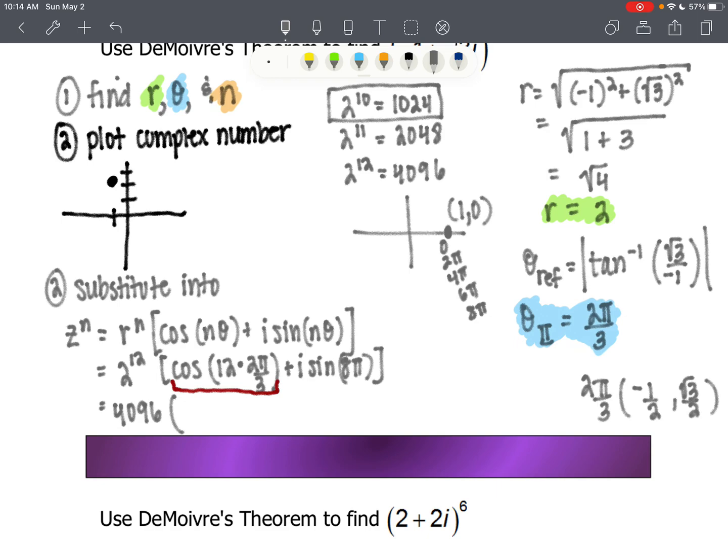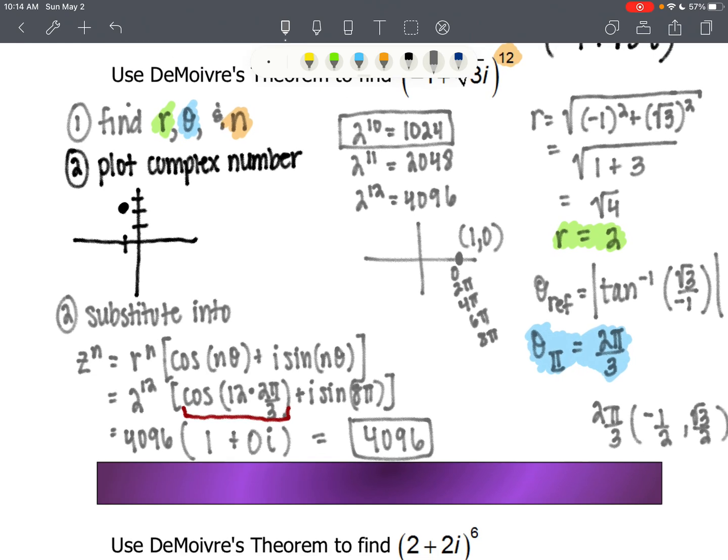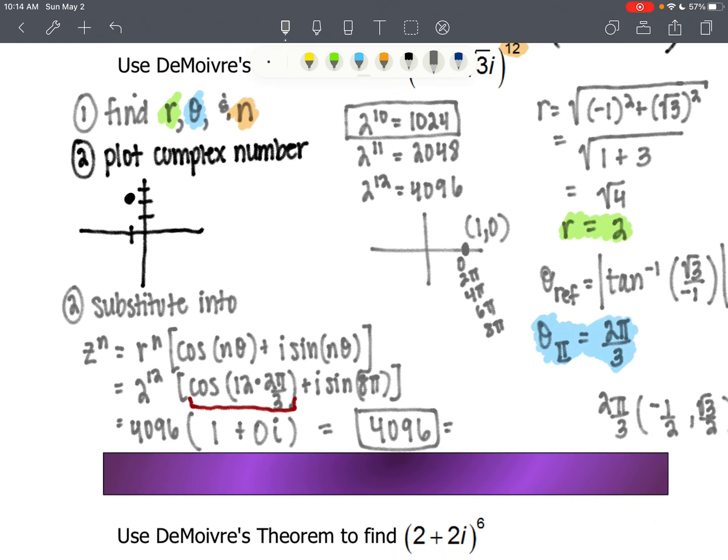So cosine of 8 pi is 1. The sine of 8 pi is 0. And when I distribute that, I get 4096. So if I were to raise negative 1 plus the square root of 3i to the 12th power, and you can try this in your calculator if you wanted to, you would get 4096.